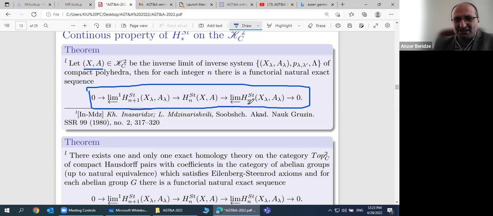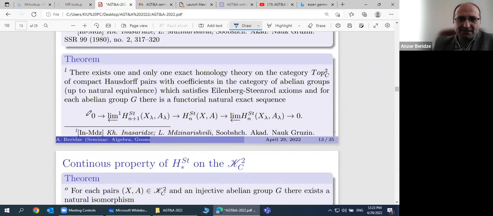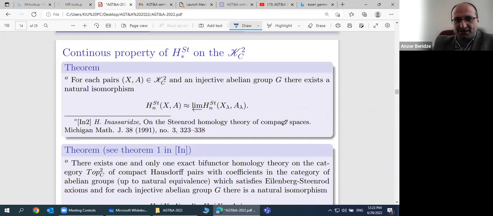And here essentially is that this group is finitely generated, and we don't have second derivative limits and higher derivative limits. And this is very important restriction when we have the compact topological spaces. And it is proved that this short exact sequence is enough to prove uniqueness of homology theory. Any homology theory which satisfies this formula is unique on the category of compact topological spaces.